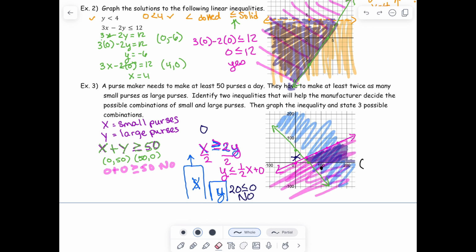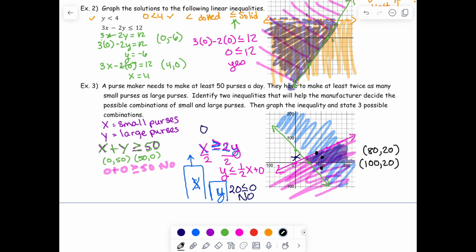Oh, no, I didn't want to erase. So we are only talking about any points that are in here. So like we could do 120. We could do, let's see, what's another easy one? We could do 80 and 20 because it's on the line.